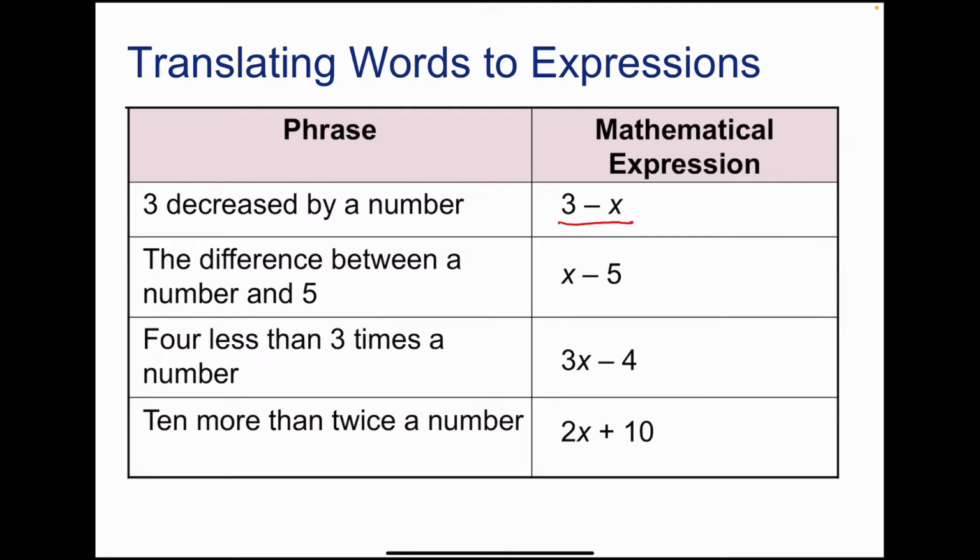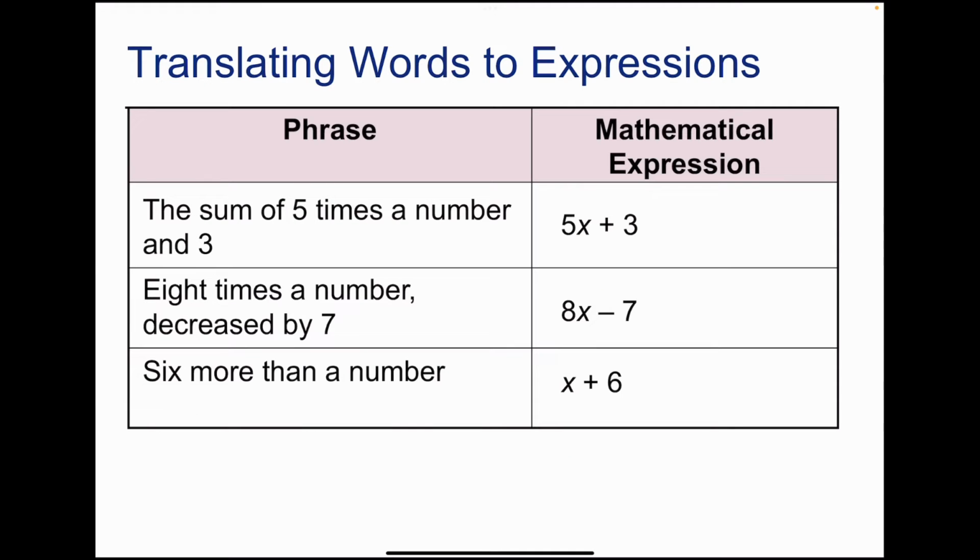The difference, which means subtraction, between a number and 5 is x minus 5. 4 less than 3 times the number. 3 times the number is 3x, and then 4 fewer than that, so you subtract 4 from 3x. 10 more than twice a number: twice a number is 2x, 10 more meaning addition.